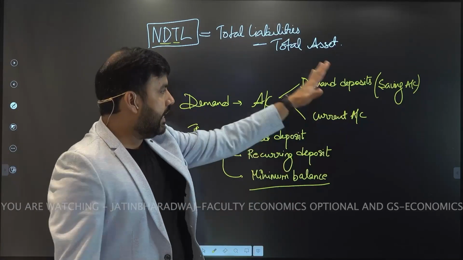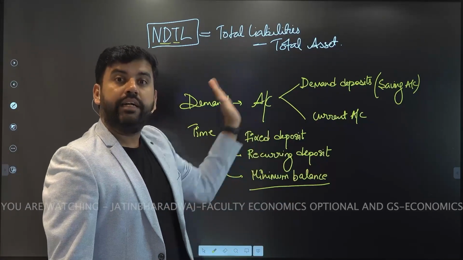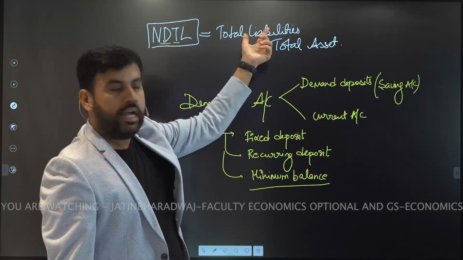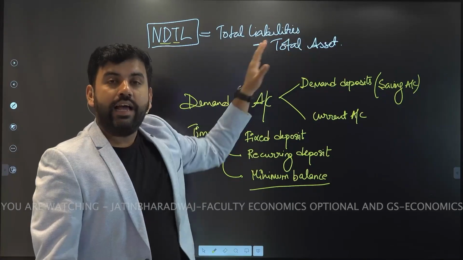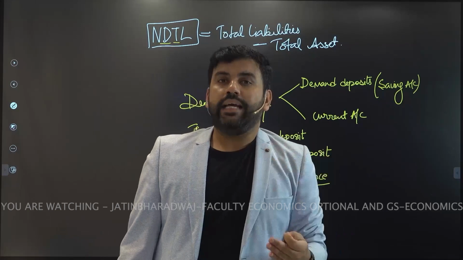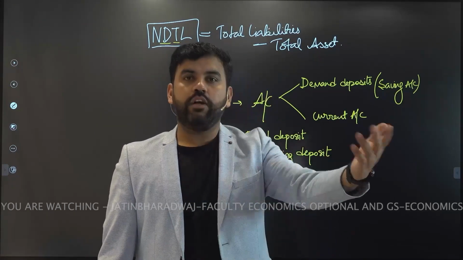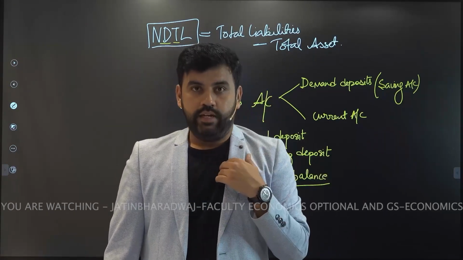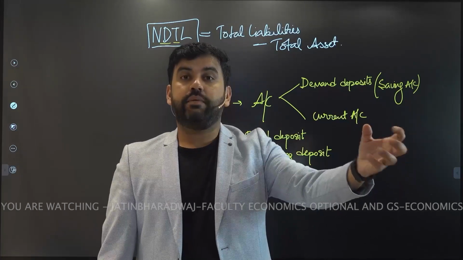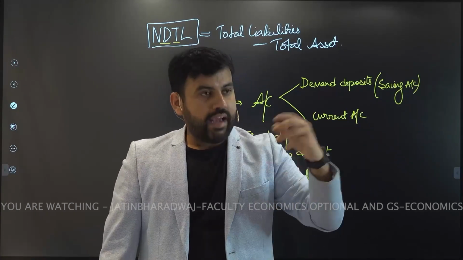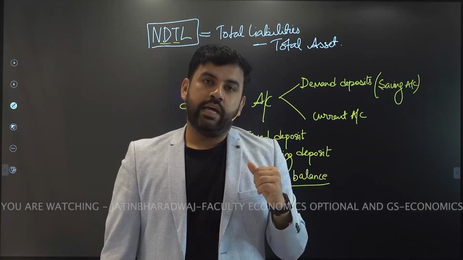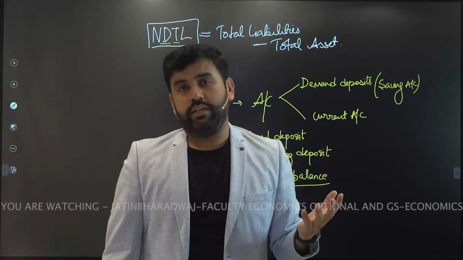Now this entire money is known as liability. That is total liability. Now what is total asset? Anything that belongs to the bank. If the bank has offered a loan to someone, that is the bank's money. If the bank has purchased government securities, if the bank has purchased a property, any kind of assets could be there.